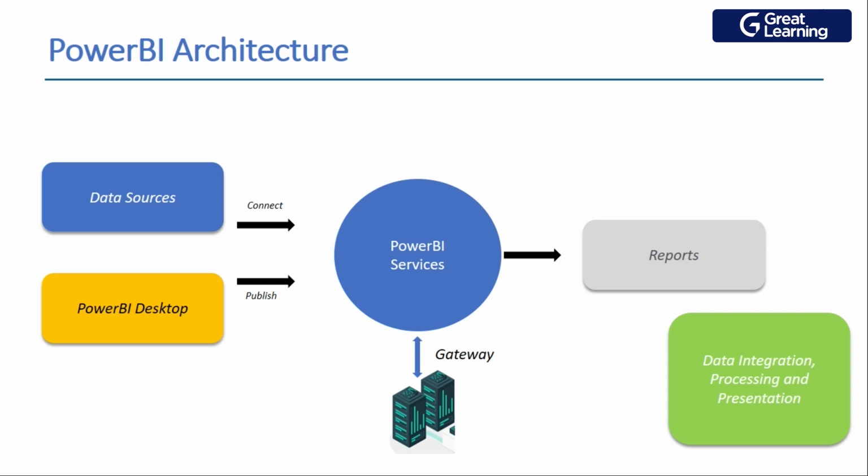What that means is, when you talk about any data, the first step is to get your data from different sources. The next step is, once you have that data, you integrate it and transform it into more edible data. And once the data is edible, you just present it in a better manner. So people who work in ETL can relate to this, right? Extract, transform, and load. That is what we do.